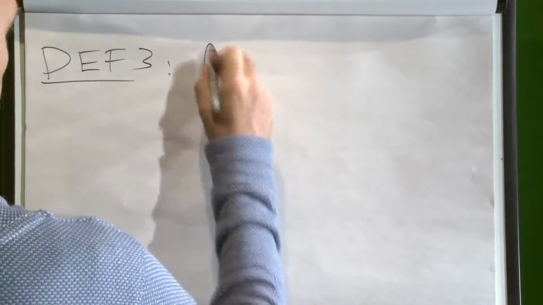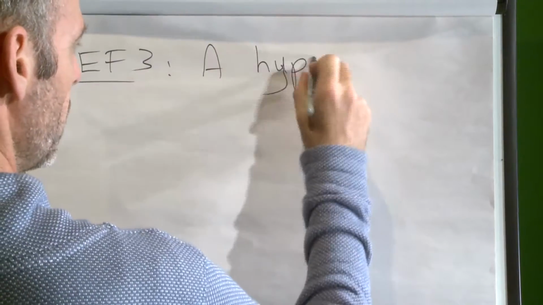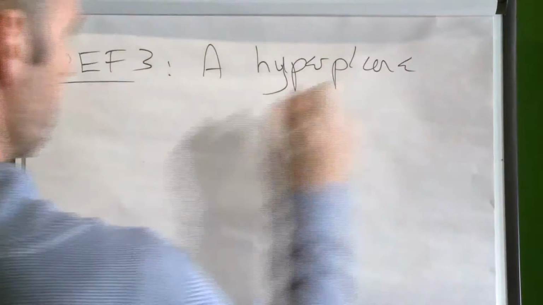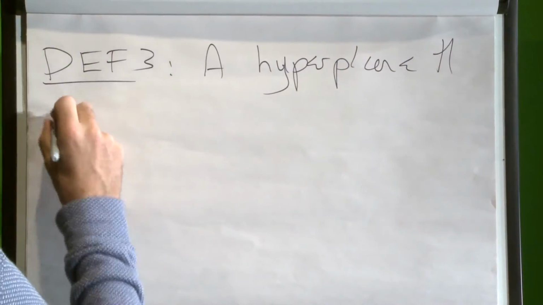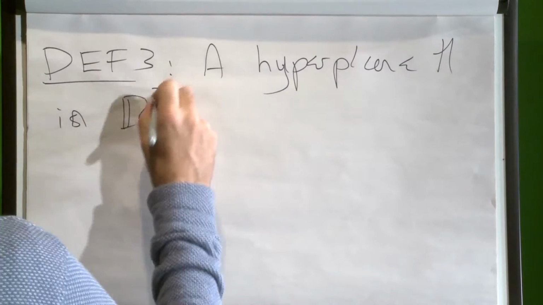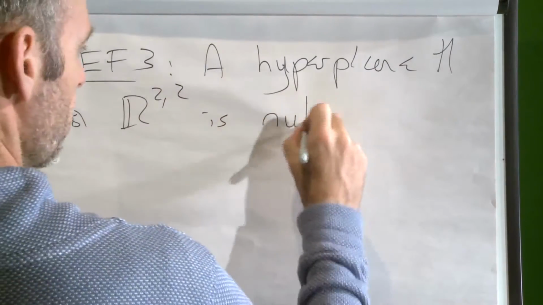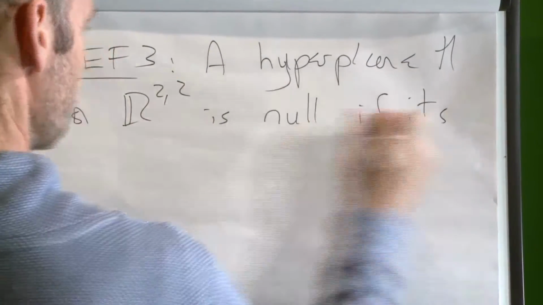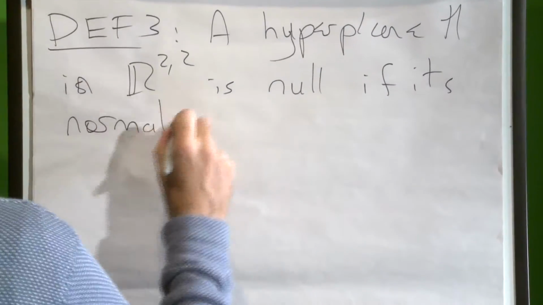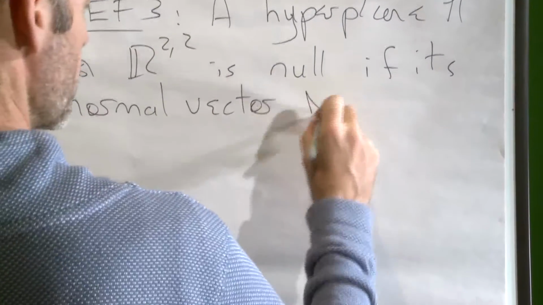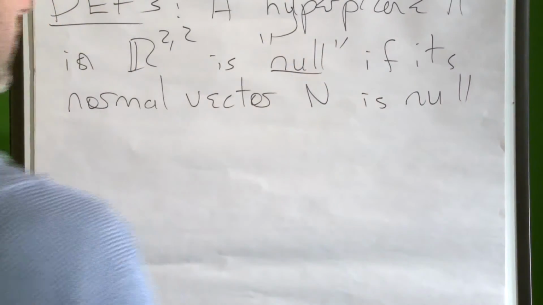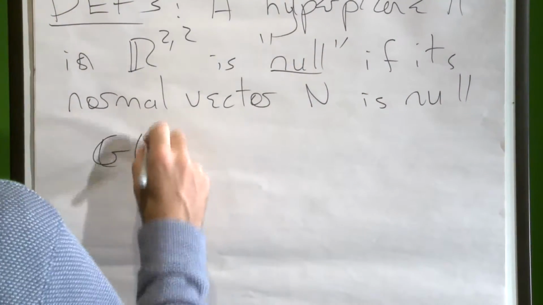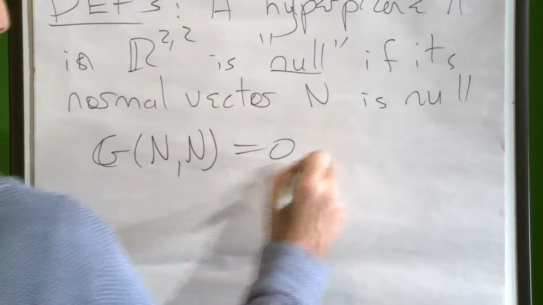If we take a hyperplane, again we're working at each stage here in R2,2, let's call it H in R2,2, it is null if its normal vector, let's call that normal vector n, is null. So we say the hypersurface is null if its normal is null. So g of n is 0.